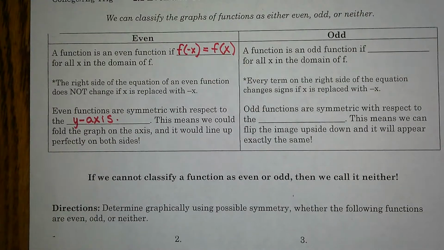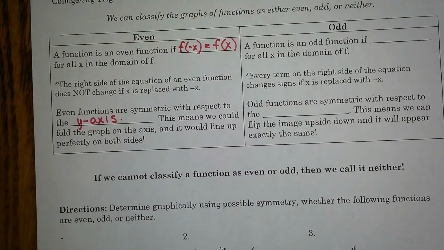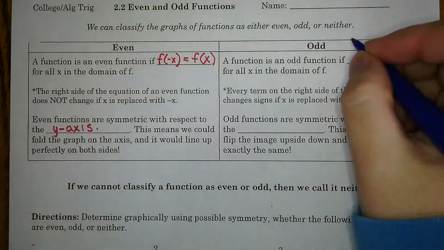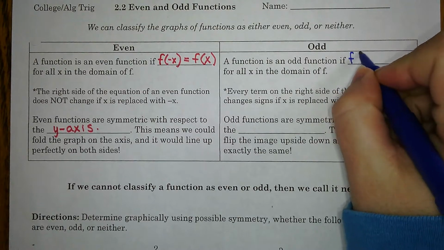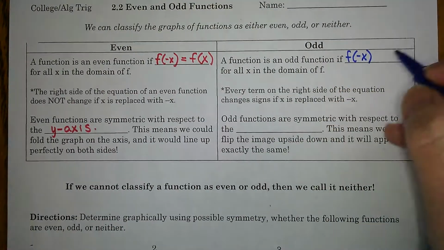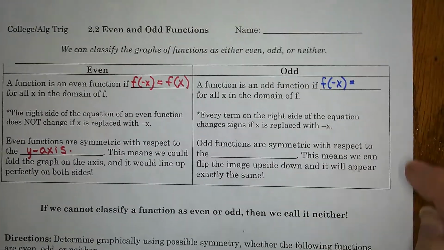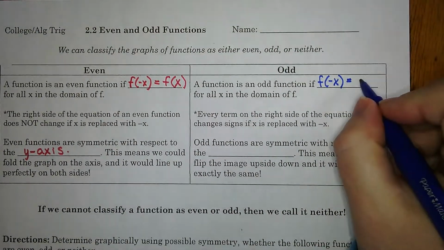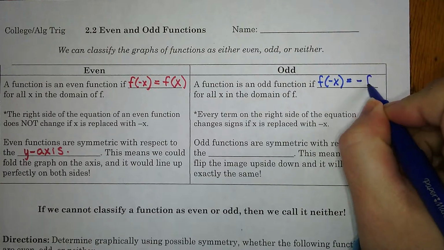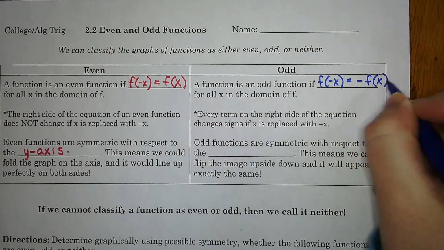Now we're going to move over to the odd side. In this case, a function is odd if blank for all x in the domain of f. Basically what that means is if I put negative x into my function, and this is a strange notation, but try to follow it, my whole value of my original f of x is going to negate.